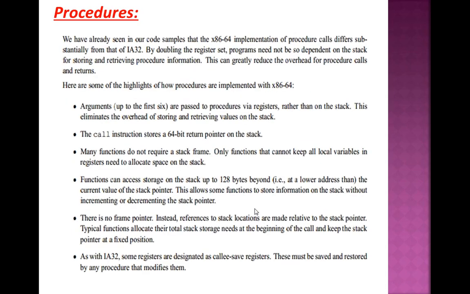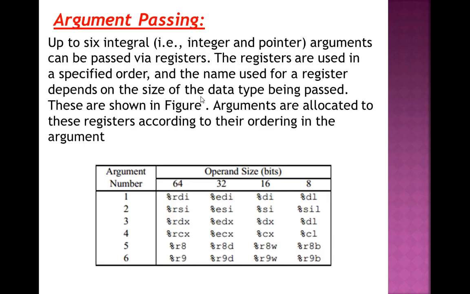Then we discussed procedures. Procedures are nothing but a combination, or short form, of the program used in x86-64. These are the multiple highlights or features of using procedures in x86-64.